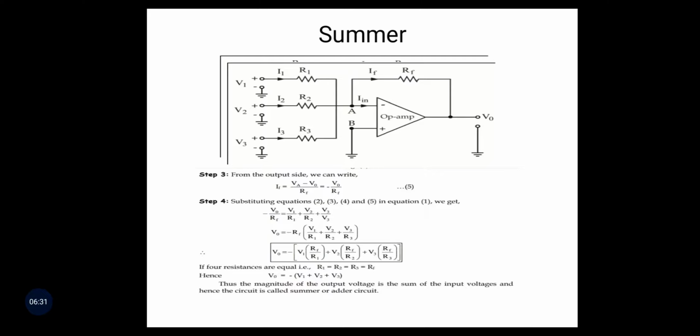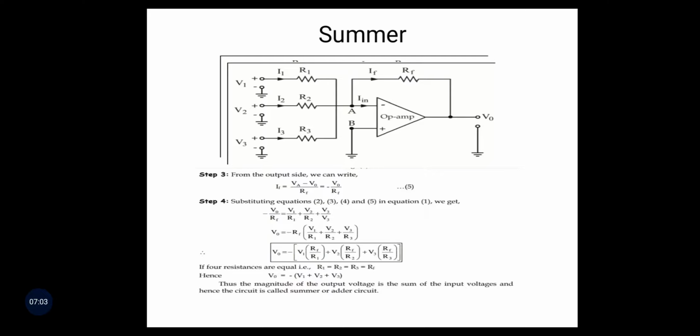Entering currents equal leaving currents. At node A, the entering currents are I1, I2, I3, and the leaving current is IF. So I1 plus I2 plus I3 equals IF. That means minus V0 by RF equals V1 by R1 plus V2 by R2 plus V3 by R3.